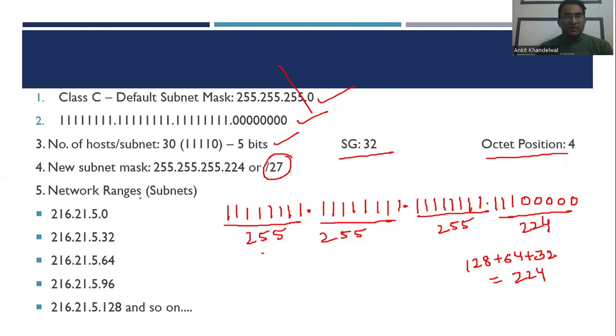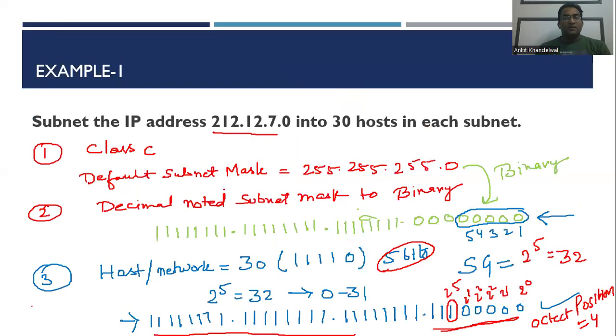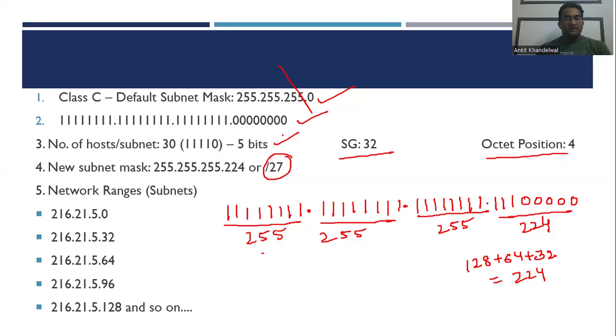Now the new range. How do we find out the new range? In the question, the network is starting from 212.12.7.0. So this is the first IP address we have noted down. To this IP address, we will add the value of subnet generator, which is equal to 32. So the next IP address will start from 216.21.5.32.